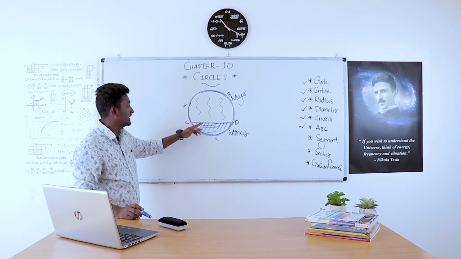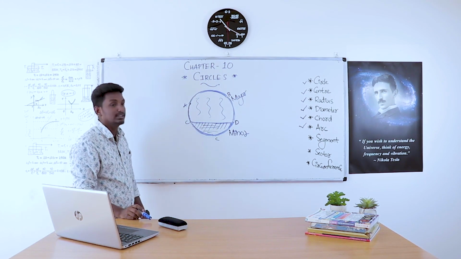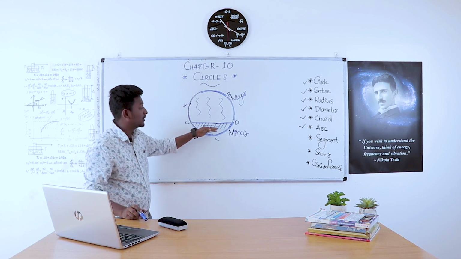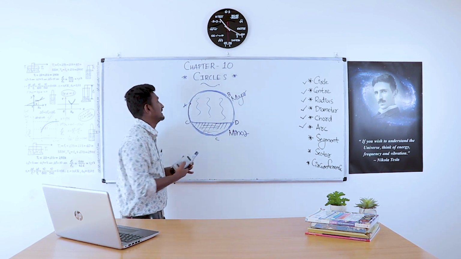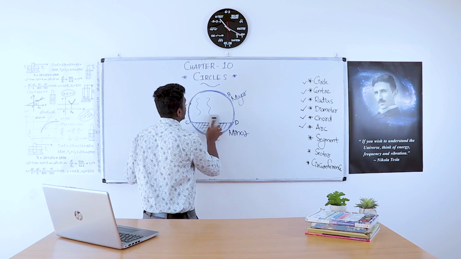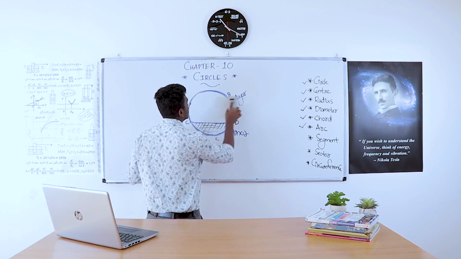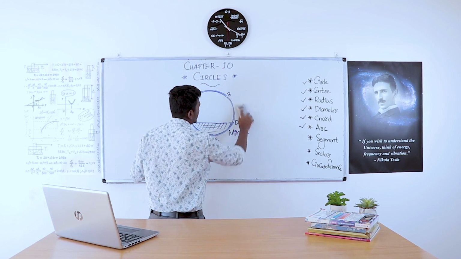The region between a chord and an arc is the segment. The smallest segment in the circle is the minor segment and the largest one in the circle is the major segment. That's all about segment.